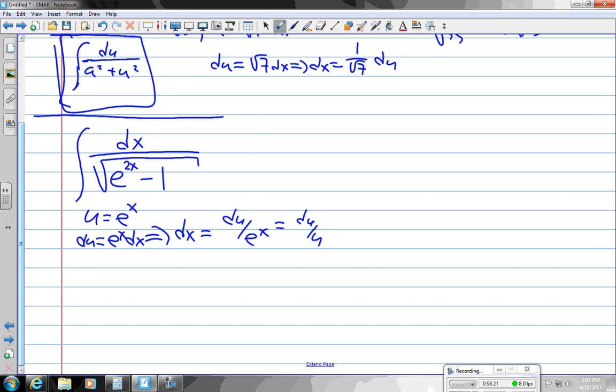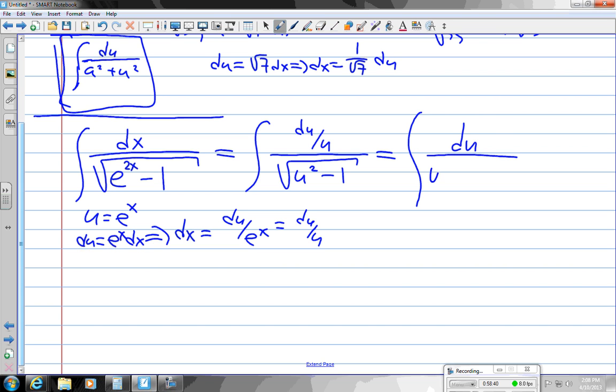So when I make the substitution, this becomes du over u divided by the square root of u squared minus 1. So this is du over u times the square root of u squared minus 1. So I have that extra u in there.